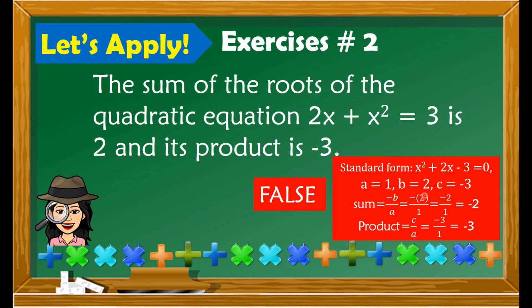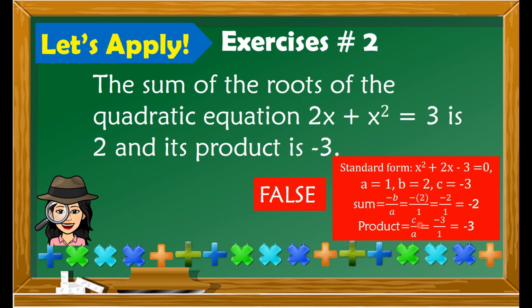So we can have the sum. Our sum of the roots, negative b over a, is equal now to negative, then substitute for b, which is 2 over 1. That's why you have here negative 2 over 1, and that is just negative 2.